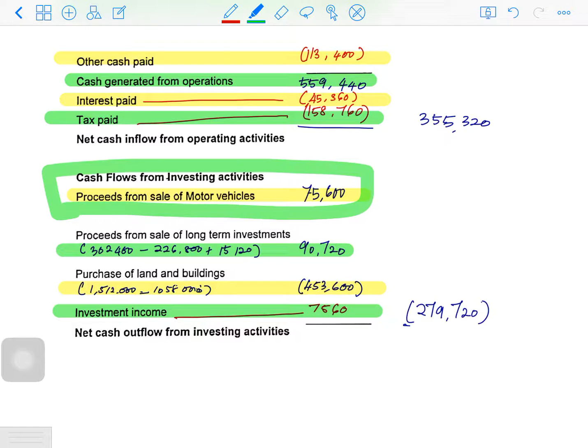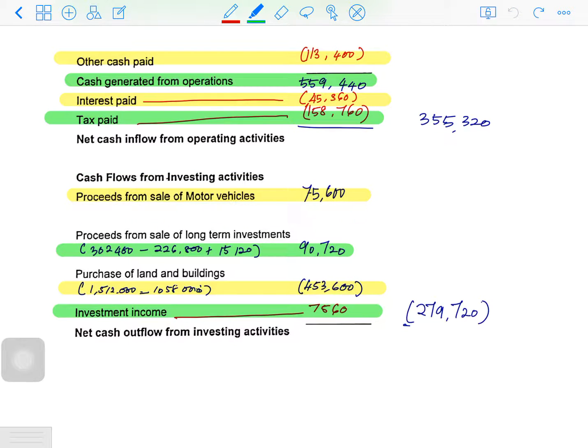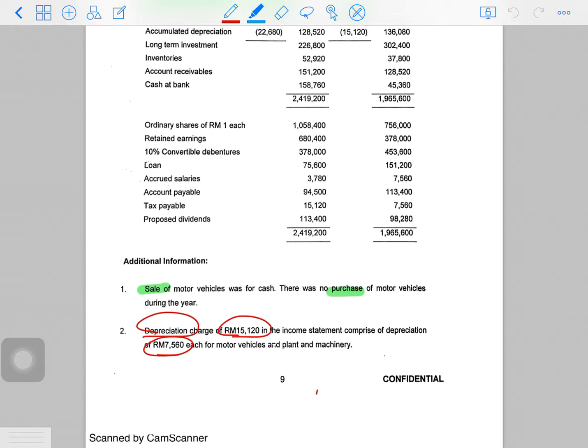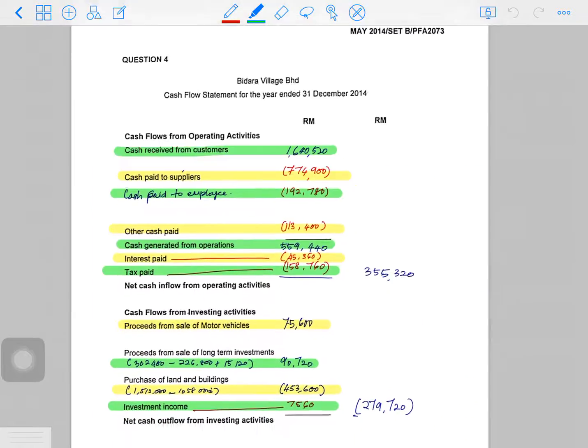So you just put it inside your cash flow. One by one you will come to know. That is with regard to motor vehicle.